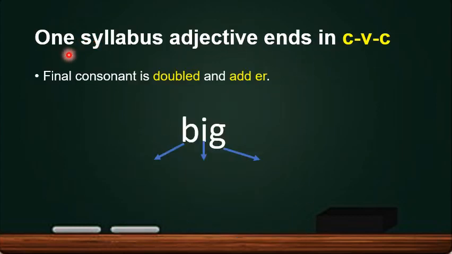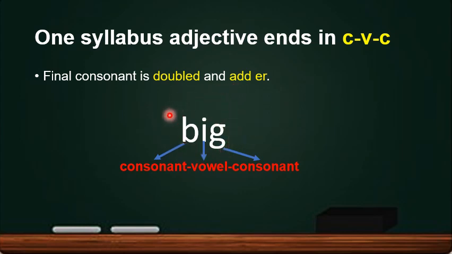There's one very special case when we see one-syllable adjectives that end in CVC, that is, consonant, vowel, and consonant. The final consonant is doubled and we add er to form the comparative adjective. For example, big.